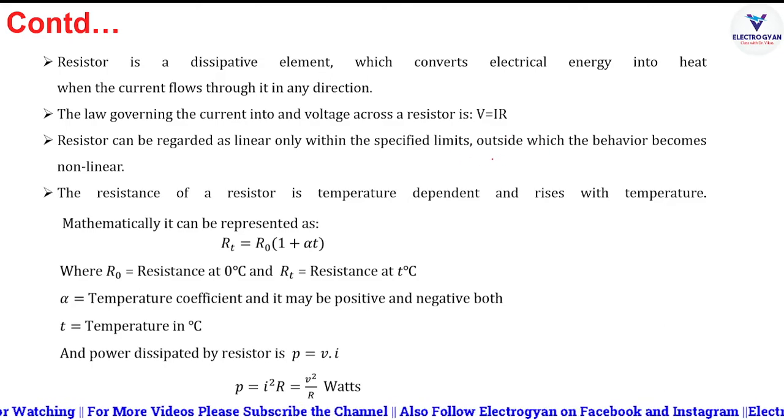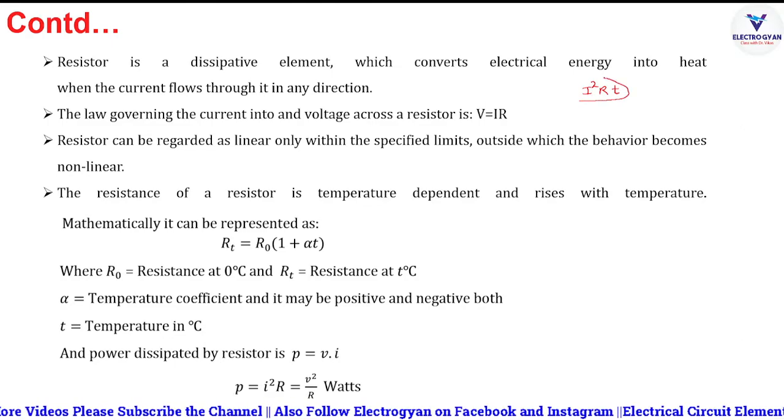If current I is flowing through resistance R for time T, then I squared RT will be the heat produced in that resistance R. And the relation between voltage and current is V equals IR, which is Ohm's law. I will discuss Ohm's law in detail in some other video.